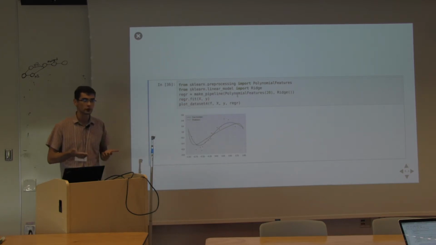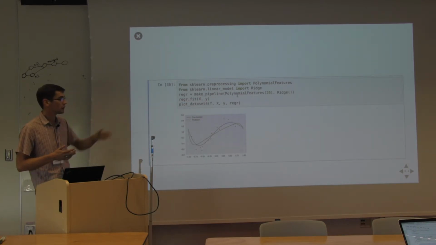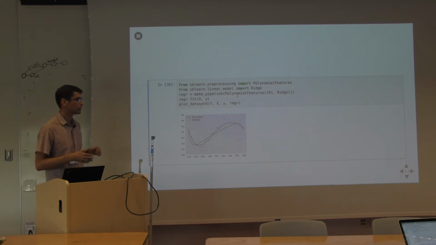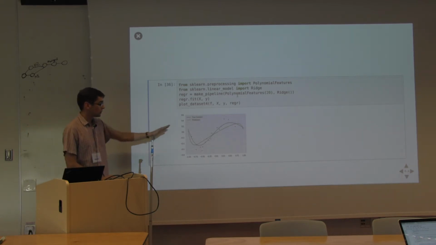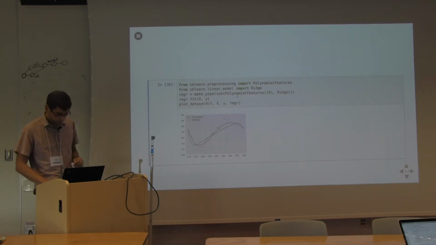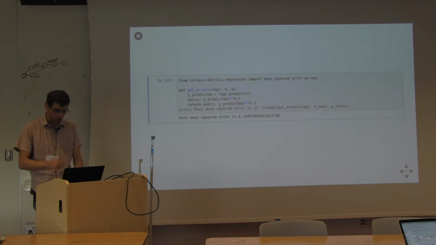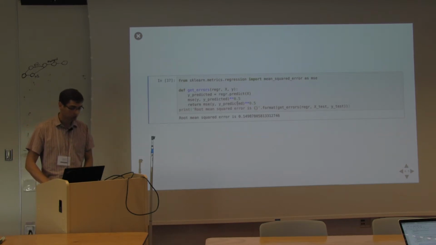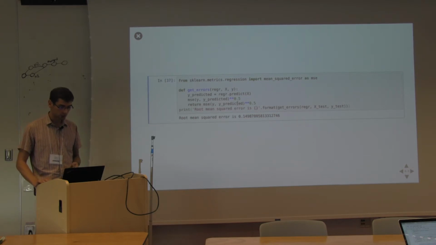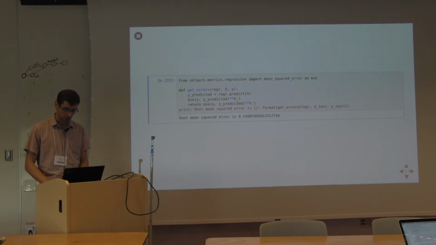It's a linear model with L2 penalty. We can use any linear method here. So, okay, we can fit our data pretty well. We can also estimate error, so not just visually inspect the quality of prediction, but also estimate an error. Here it's root mean squared error, a typical choice for regression problems.